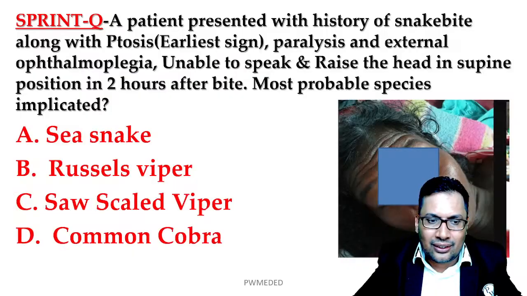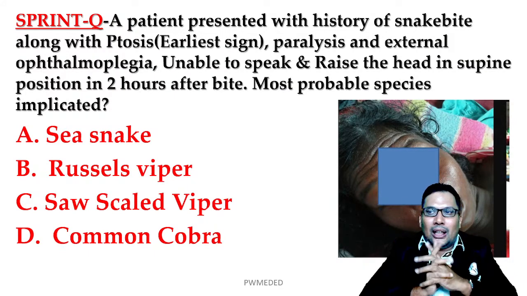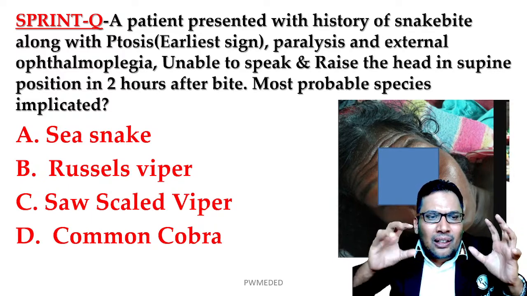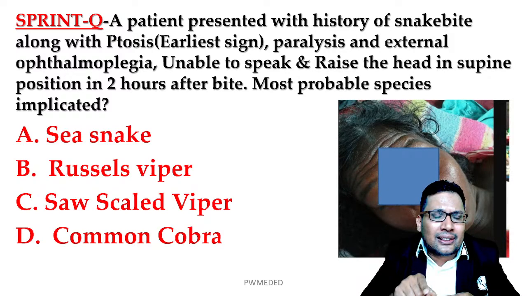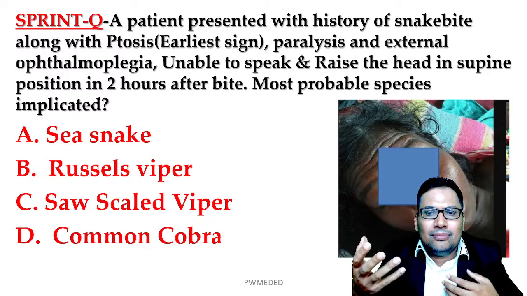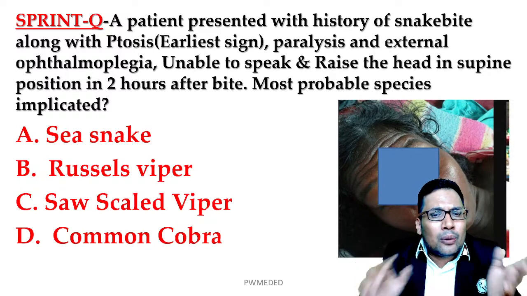Now look at this. I think you can now answer the sprint question. A patient presented with a history of snake bite, ptosis, paralysis, external ophthalmoplegia, unable to speak, unable to raise his head, 2 hours after the bite.